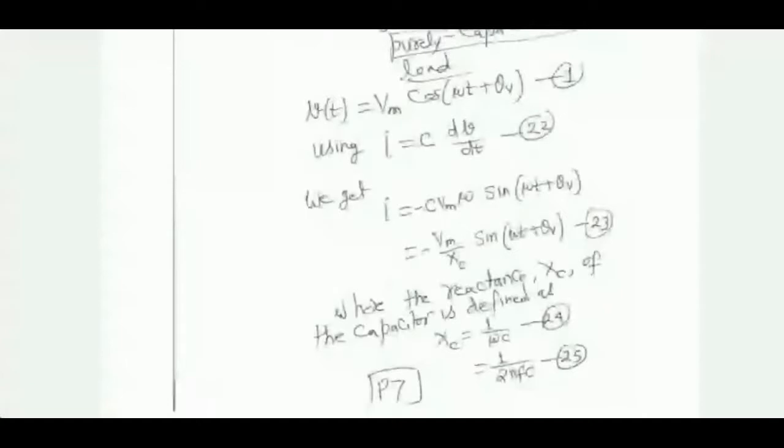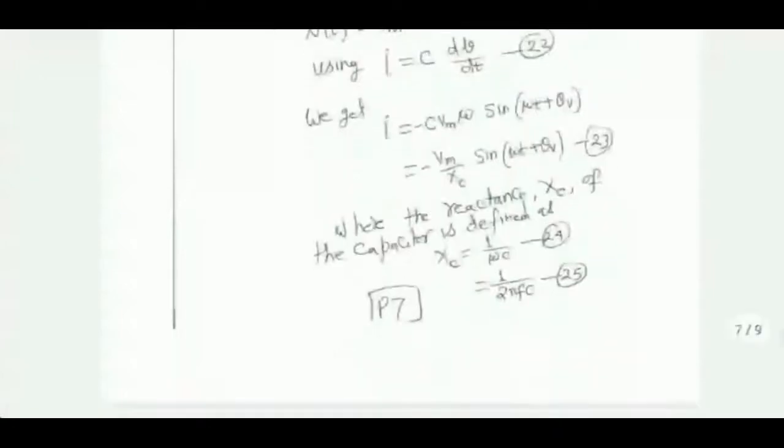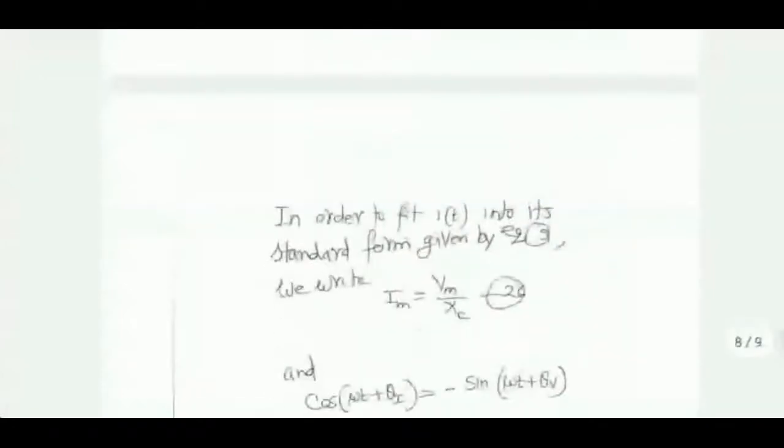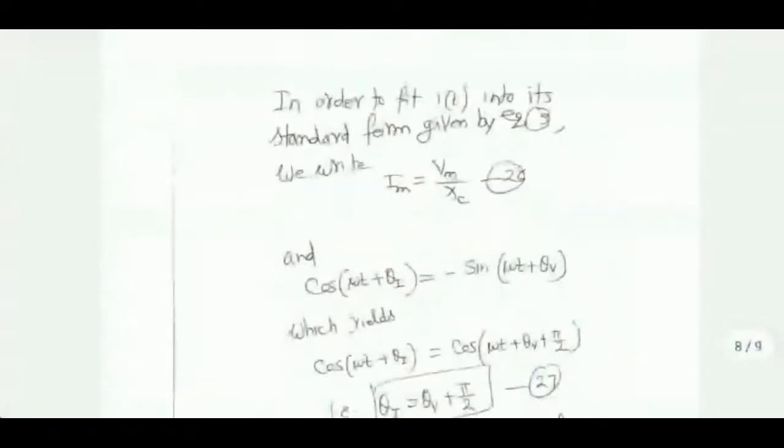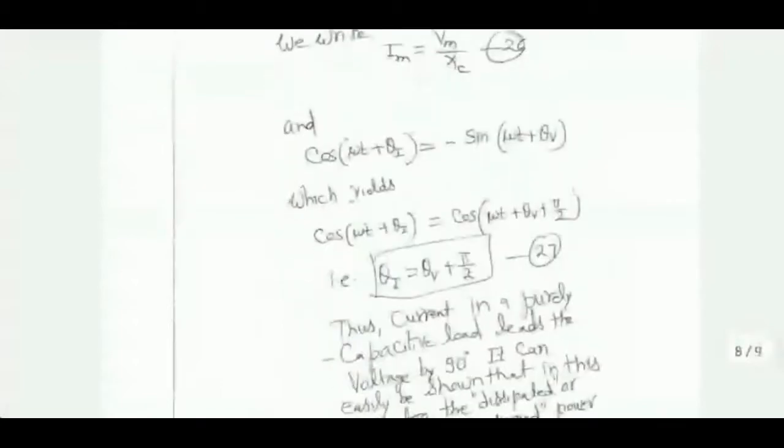Once we have got the current, let's try to fit it into the standard form. By doing that, this time around, we see that theta I actually is theta V plus pi by 2. In case of inductive load, theta I was theta V minus pi by 2. Here it's theta V plus pi by 2.